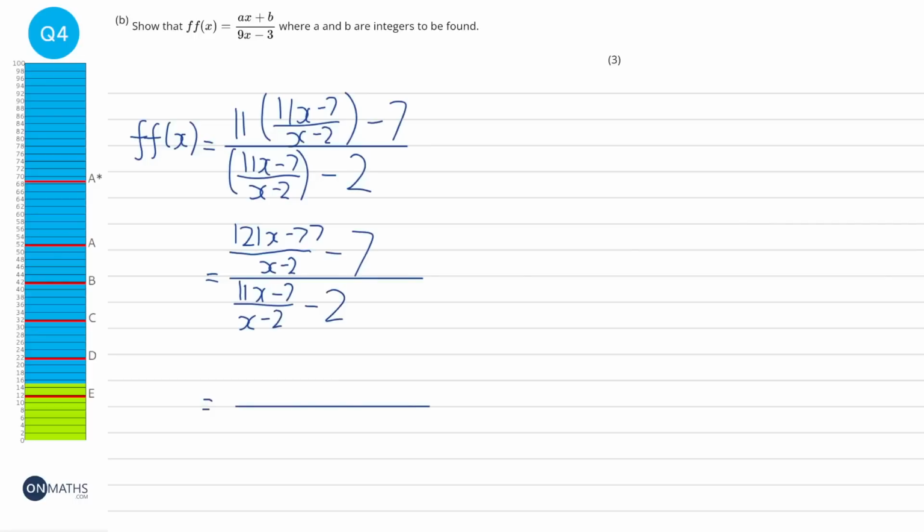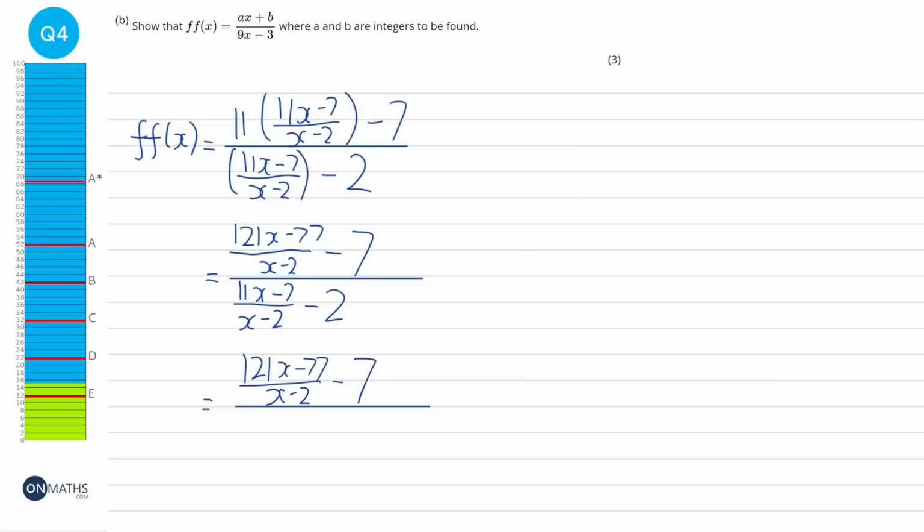Whenever we have a fraction and a number and we're subtracting or adding, we need to make them both fractions, and we need to make the denominators the same. So here we have x minus 2, so we need that 7 to be over x minus 2. And we do that by multiplying the 7 by x minus 2 over x minus 2. So we're not doing anything with the first one, so we'll just leave that as 121x minus 77 over x minus 2.